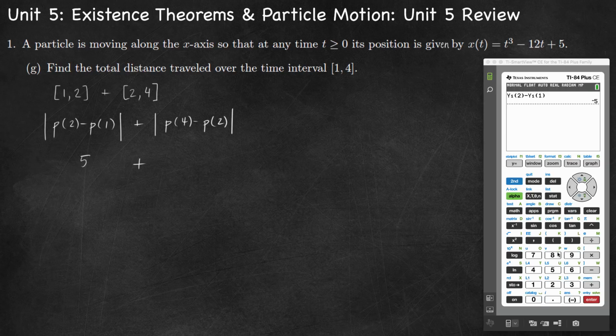And then p of 4 minus p of 2. And that's 32. 5 plus 32 is 37. So the total distance traveled is 37.